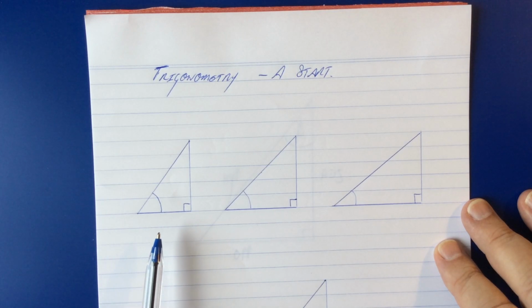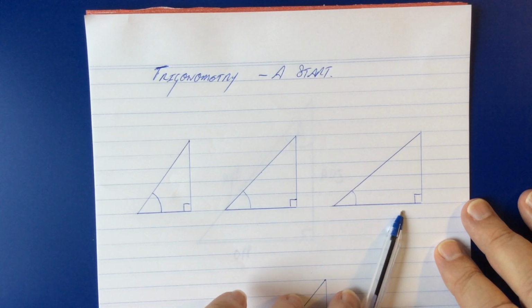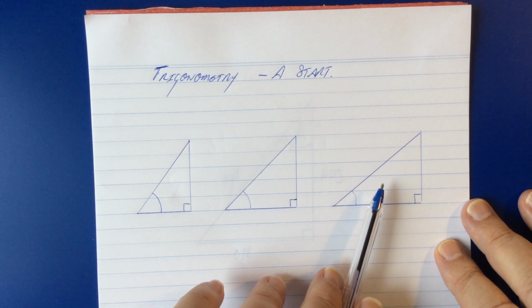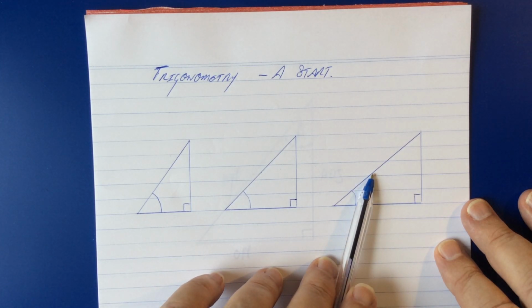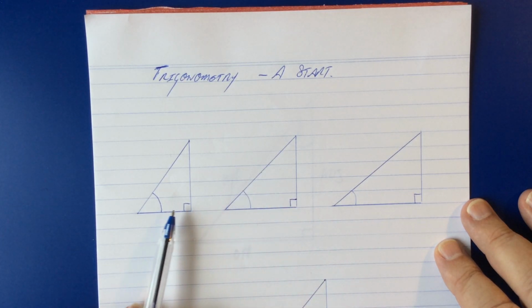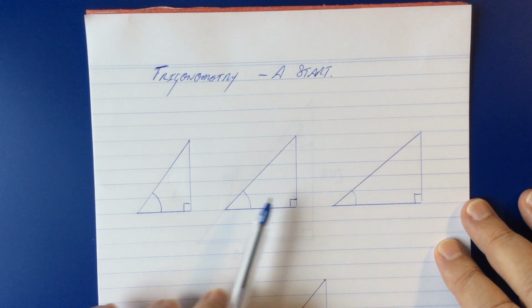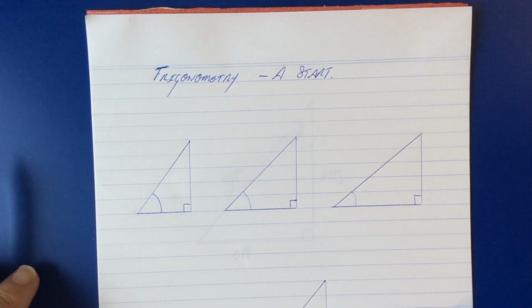So what you can see hopefully is that as this base extends, so does this, the hypotenuse, but this angle gets smaller and smaller. So from here to here, there's a visible difference in the size of the angle.